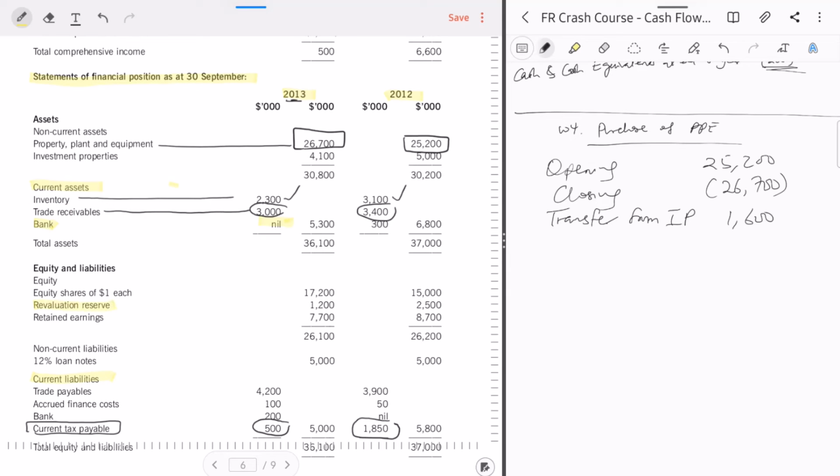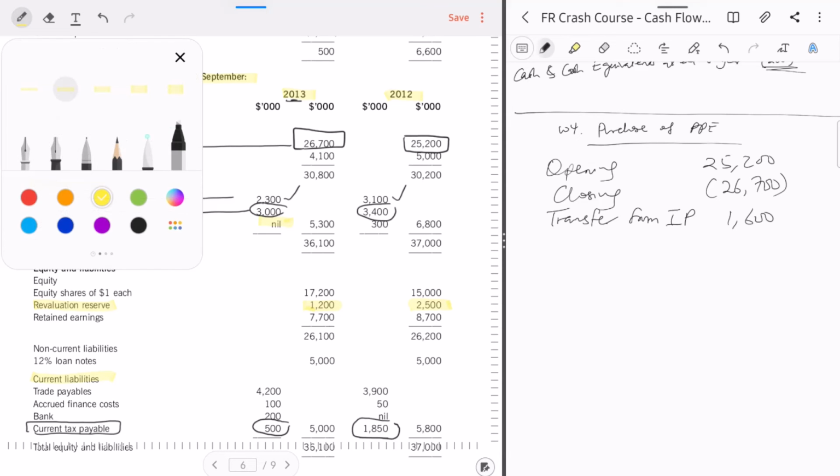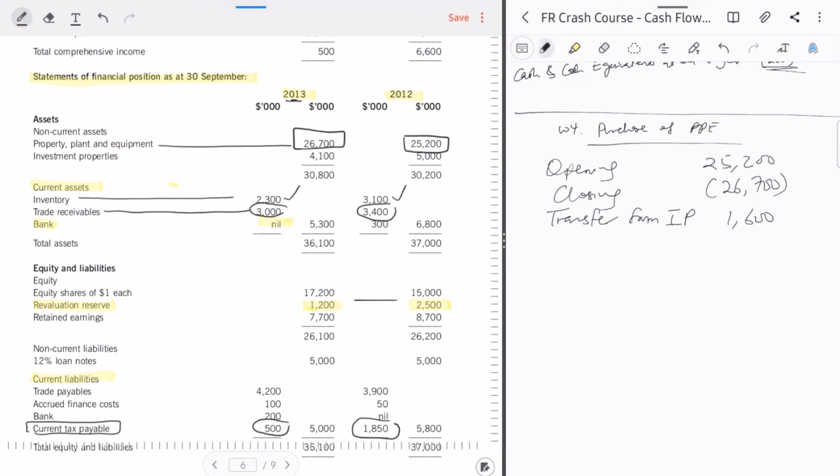Last year it was 2,500. This year is 1,002. Do you agree that the revaluation reserve has fallen, so it means there was some revaluation loss during the year, right? And it's clearly a figure of 1,300, right? It should be 1,300 between these two.